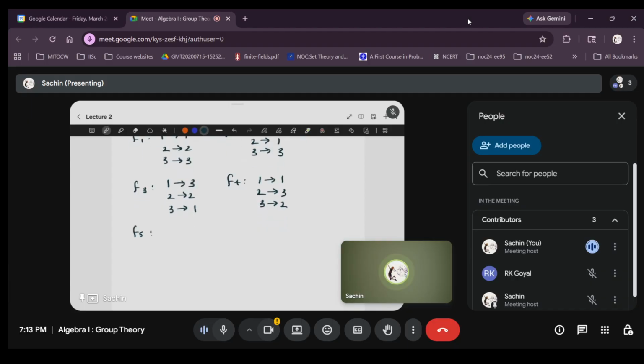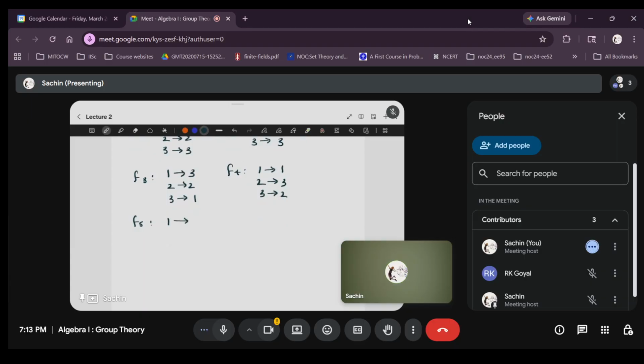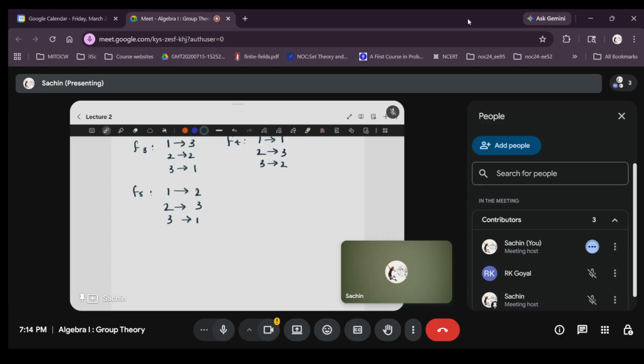Another type of function would be sending 1 to 2, 2 to 3, and 3 to 1. So it changes all three elements. It is kind of adding 1 in a circular fashion.